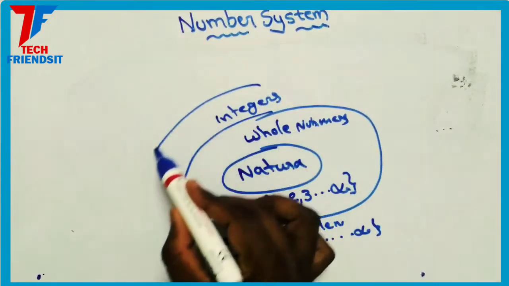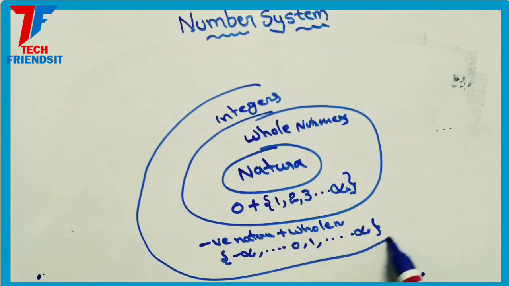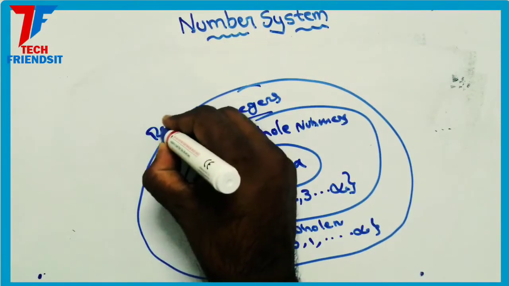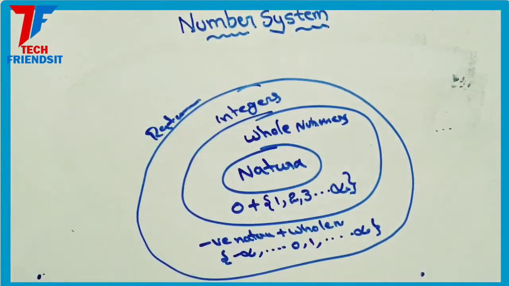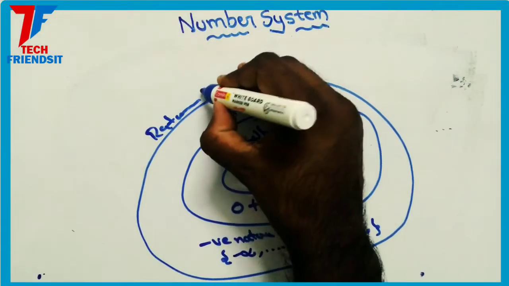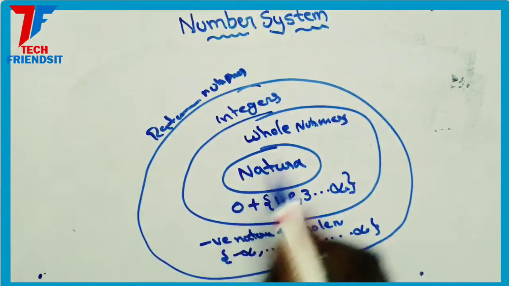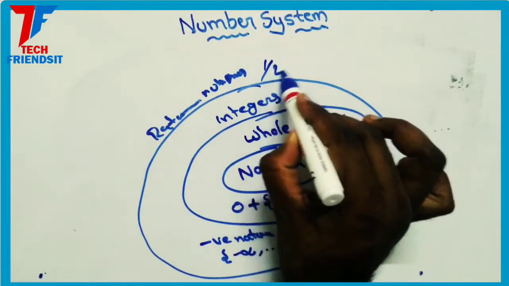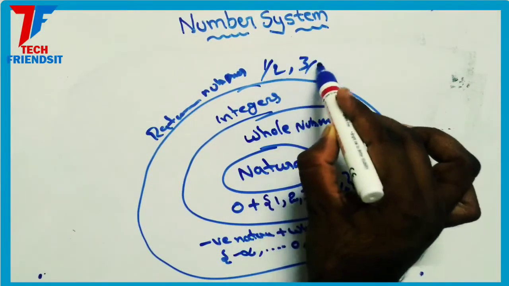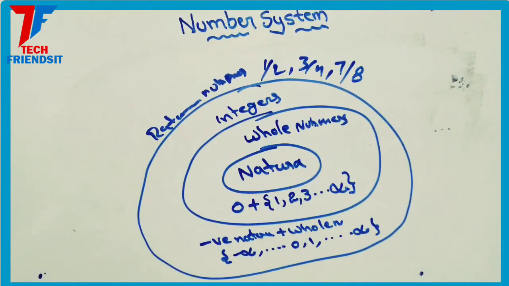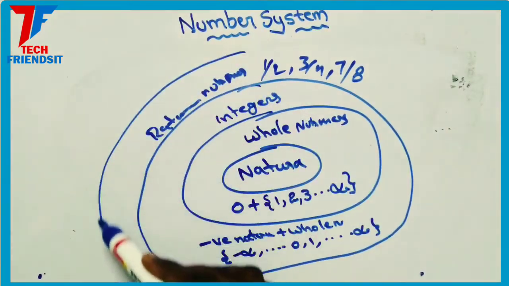Next, rational numbers. For example, 1 by 2, 3 by 4, 7 by 8, like this. Next, irrational numbers.